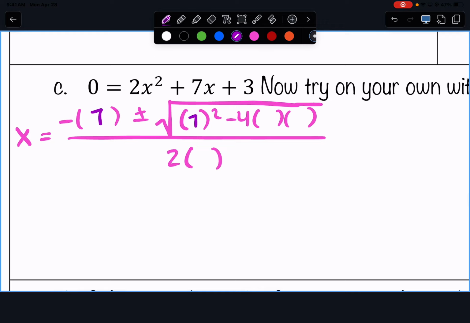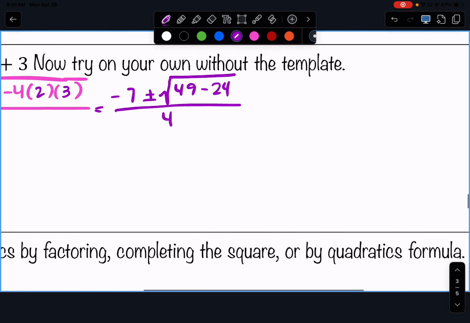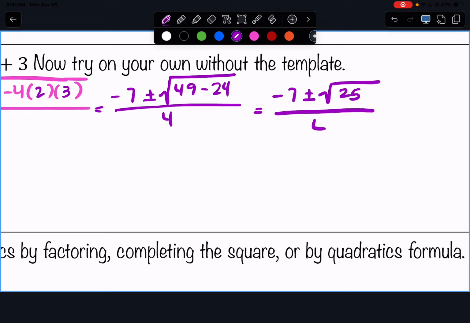Then 4 times 2 times, all over 2 times. So we get negative 7 plus or minus the square root of 49 minus, all over 4. So we get negative 7 plus or minus the square root of 25 over 4. Solve it from there.